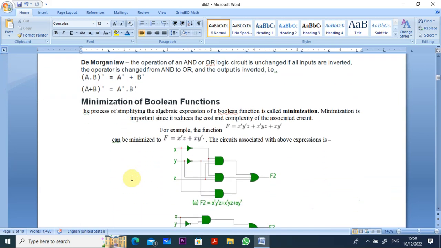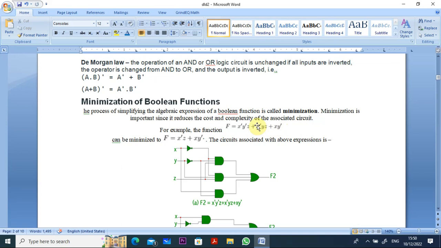And we were talking about the minimization of Boolean functions. What is the meaning of that? Say, for example, a function is given: f is equal to complement of x, complement of y into z, plus complement of x into y into z, plus x into complement of y.